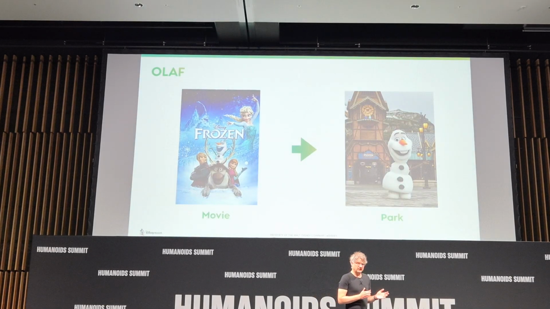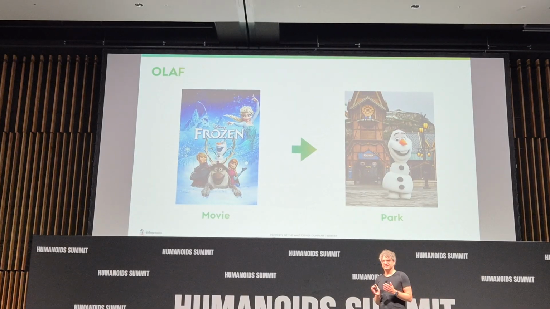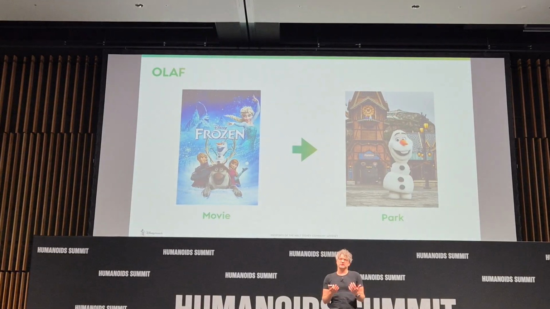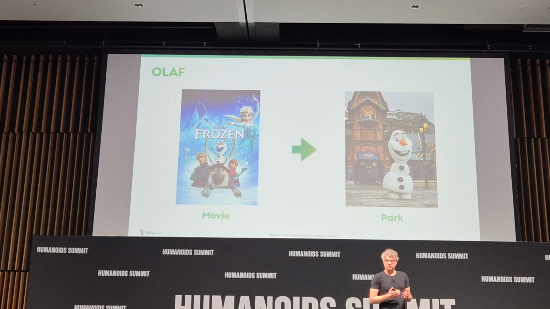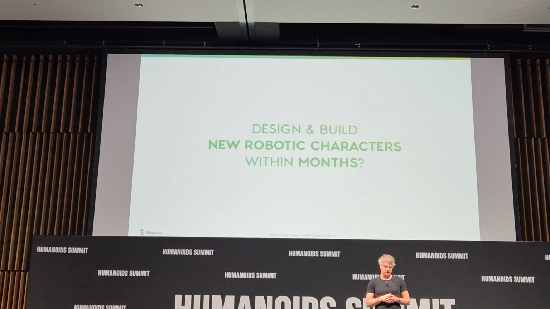What's unique again about this character is that it started in a movie, and not just a movie, it started in an animation movie. Each character can do a lot of things that it can't do in the physical world. If you look at Olaf, no one who builds a functional robot would ever build such a robot with such a gigantic head. It's just proportions that are extremely hard to bring alive in the physical world.